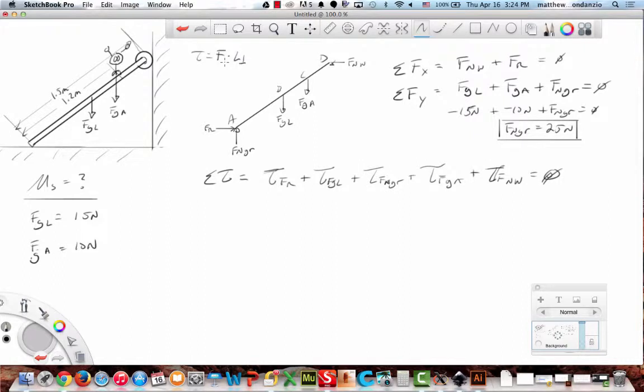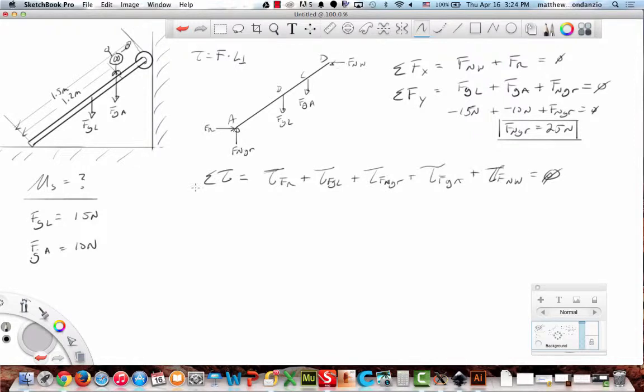And since those forces are acting on that point, that distance, each length, is 0. And therefore it knocks it out. So now I can have a torque equation with torque that I know, torque that I know, torque that I don't know, one equation, one unknown. You follow me? There's a strategy there.